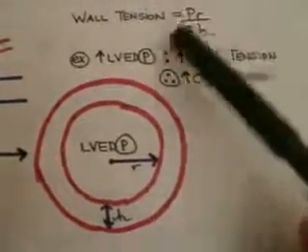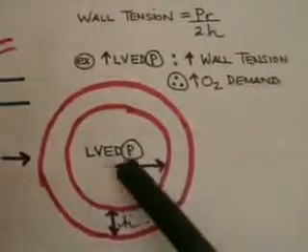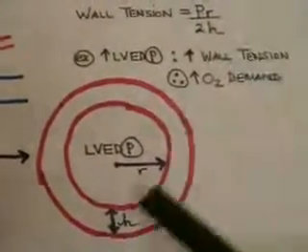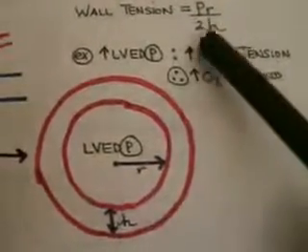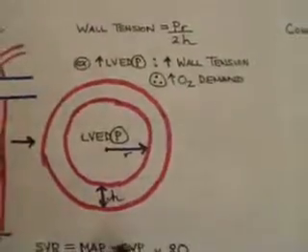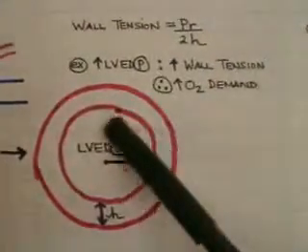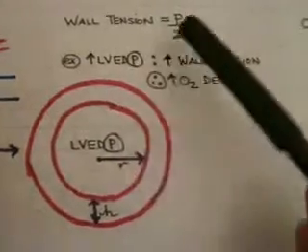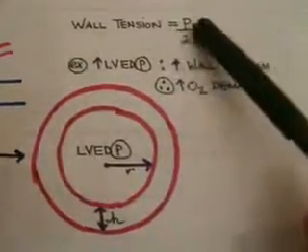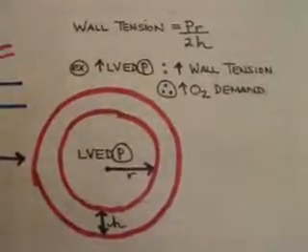So we can take the pressure as the left ventricular end diastolic pressure, multiplied by the radius, divided by the thickness of the ventricular wall, which is multiplied by 2. And we can say that increased left ventricular end diastolic pressure, since it's in the numerator, increases the wall tension, or increases the afterload.